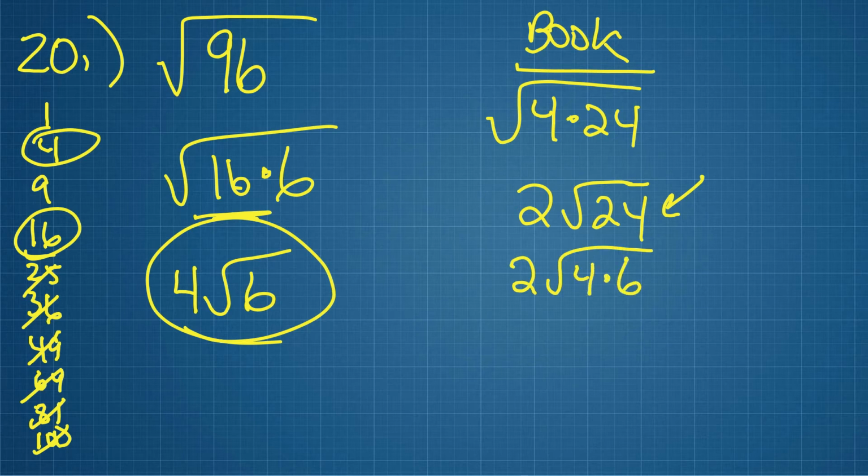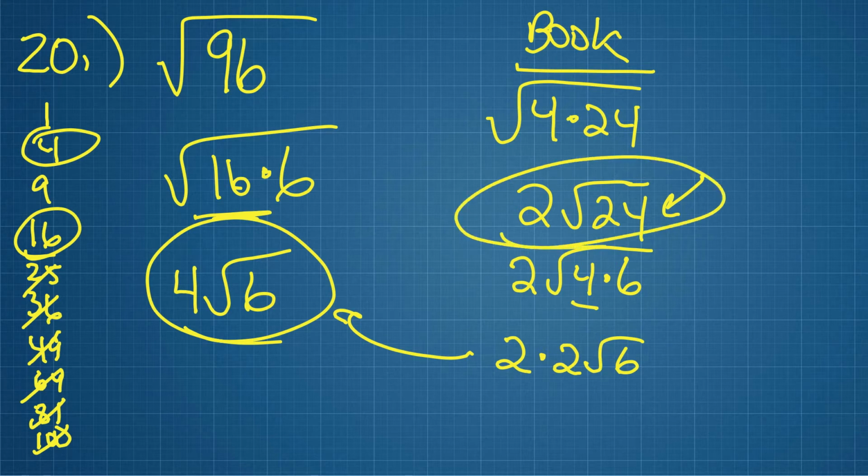It's 4 times 6. So they didn't do enough work. So 4 also comes out. So it's 2 times 2 radical 6, which turns into my final answer that I got as 4 radical 6. So you can do what the book does, but you can't stop. You always have to double check and make sure there are no more perfect squares, because this is simpler than what you started with, but it's not simplified all the way. It's kind of like when we talk about fractions and stuff.